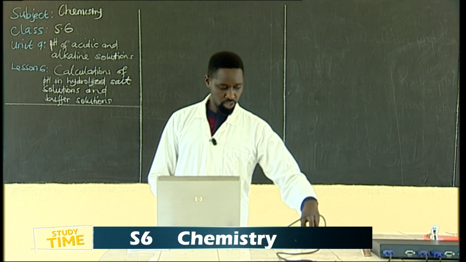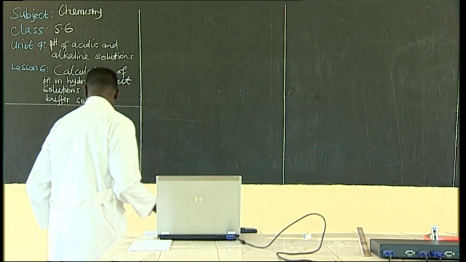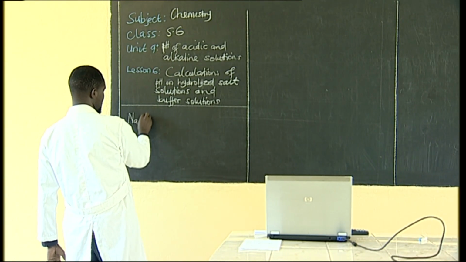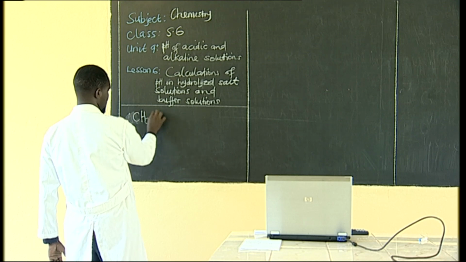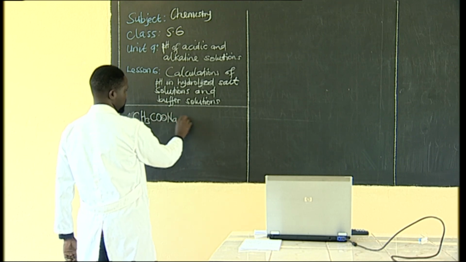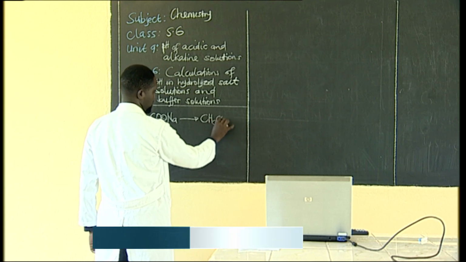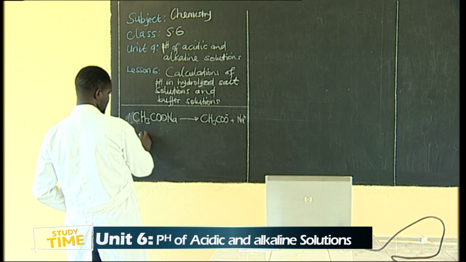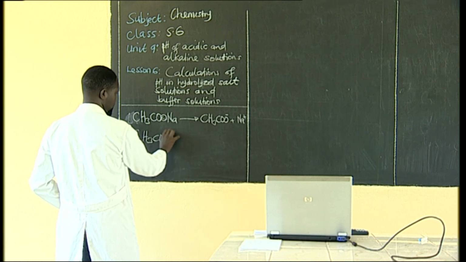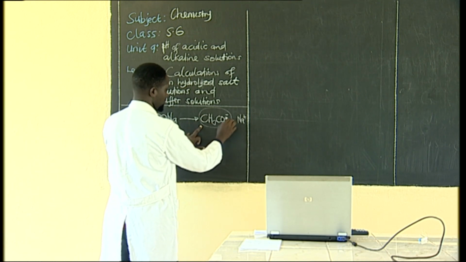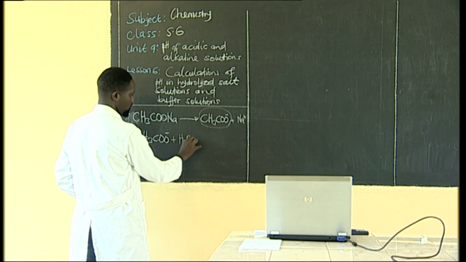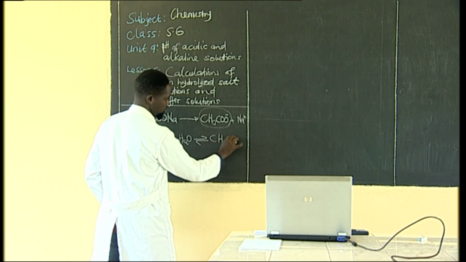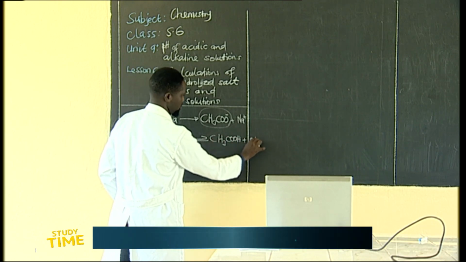For instance, if you have sodium ethanoate giving ions, and I will include the states later, you have this as the anion of the salt reacting with water to form OH ions.